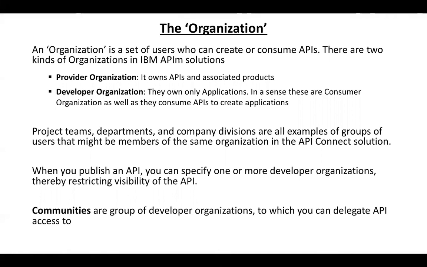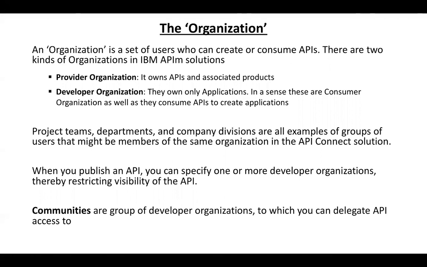For example, you can subgroup a developer organization into beta testers and the rest of the world. People who belong to beta testers essentially belong to the developer organization because they're consumers of the API.